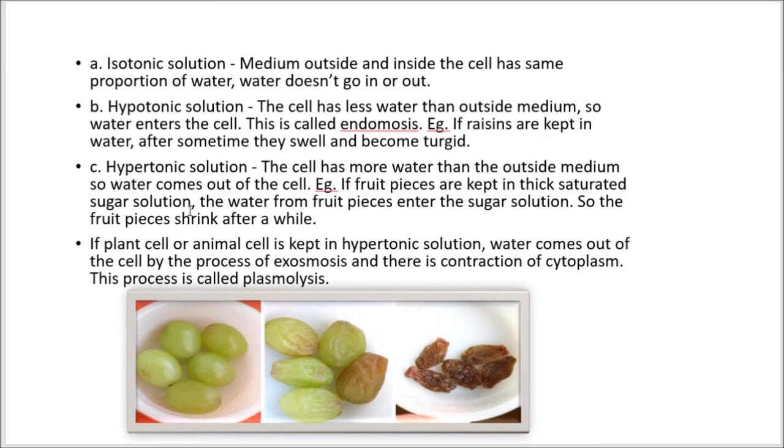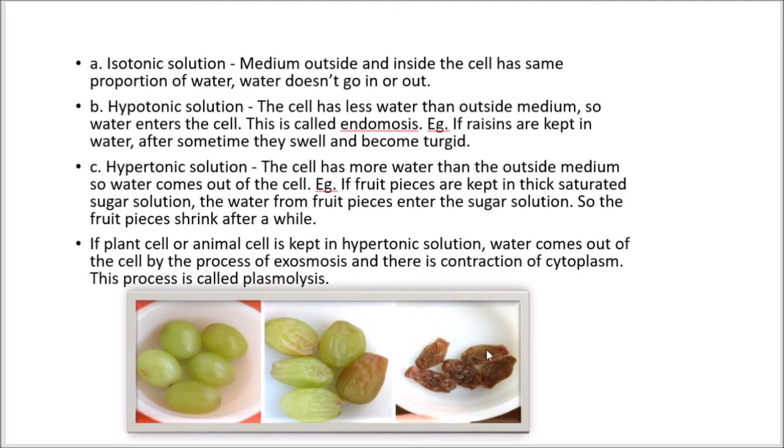Then hypertonic solution. The cell has more water than the outside medium, so water comes out of the cell. For example, if fruit pieces are kept in thick saturated sugar solution, the water from the fruit pieces enters the sugar solution, so the fruit pieces shrink after a while.